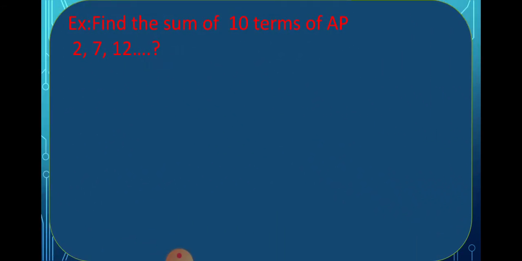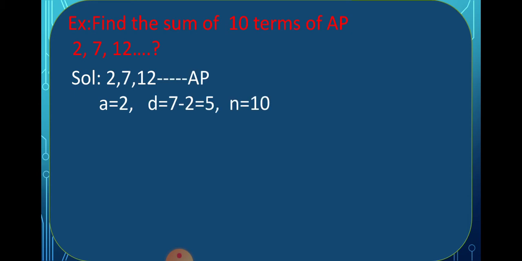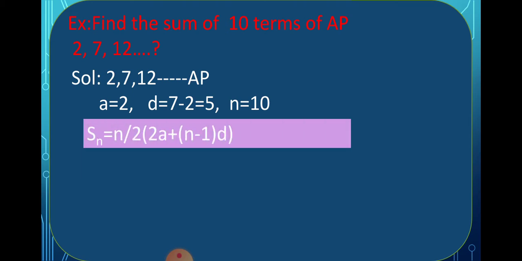Let us observe one more problem here. Find the sum of 10 terms of the arithmetic progression 2, 7, 12 and so on. Here the solution: 2, 7, 12 and so on is an arithmetic progression. In this progression a equals 2, d equals a2 minus a1, that means 7 minus 2. So the d value equals 5 and n equals 10. Here the formula is Sn equals n by 2 into (2a plus (n minus 1) into d).